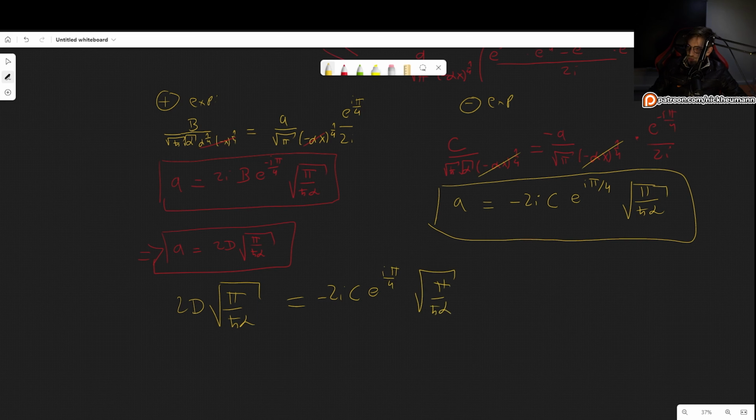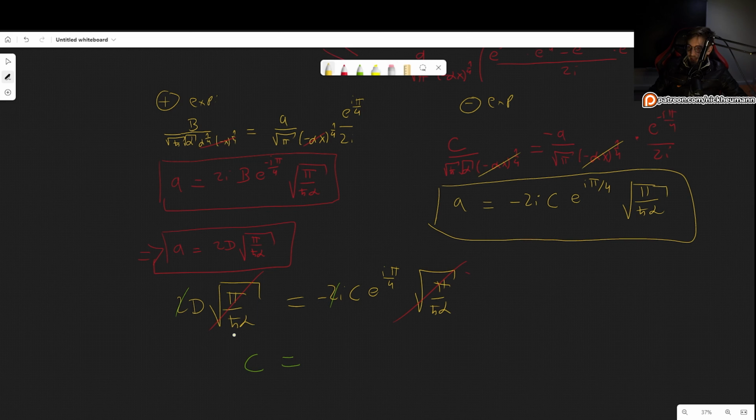So the square root immediately cancels out, right? So this and this. And then we are left with c is equal to minus, okay, so the 2's cancel out as well. So we multiply by minus, we also multiply by i. But when we multiply by i, we get i squared, which is another minus sign. So this ends up being positive in the end.